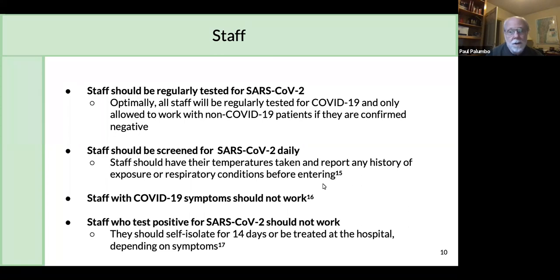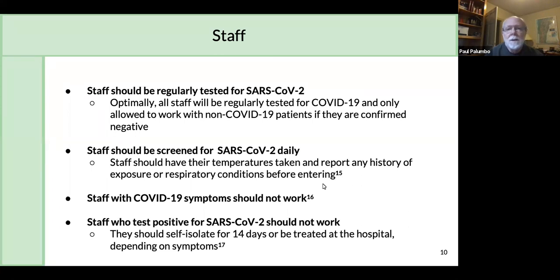There are 100 staff who are known to be infected and at home on home isolation. So for every 3 children in care in our pediatric ICUs, there's 1 staff member who is infected. So it can be a big problem.